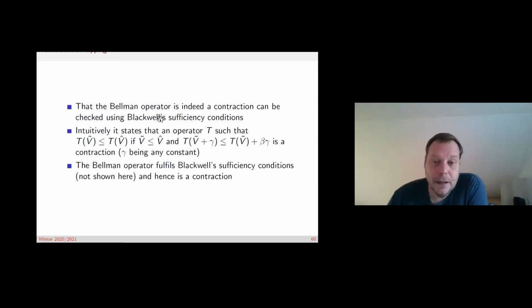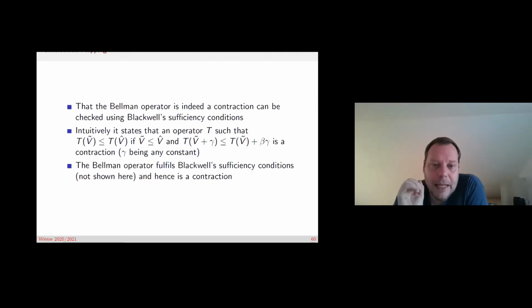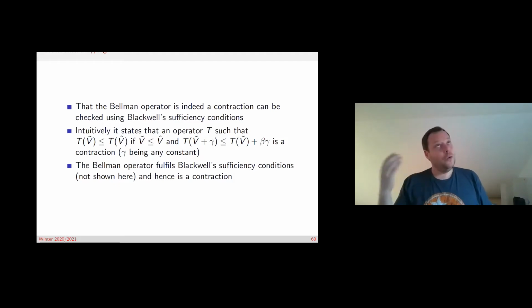The idea is that if you have two functions and apply the operator, the relation between the two functions must result in a specific comparison. The Bellman operator fulfills this sufficiency condition, and as such is a contraction.